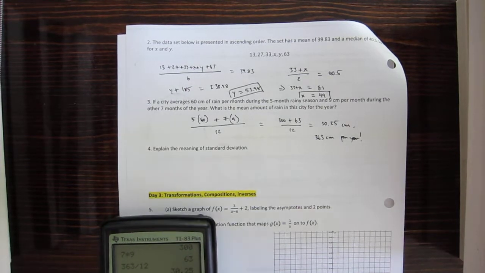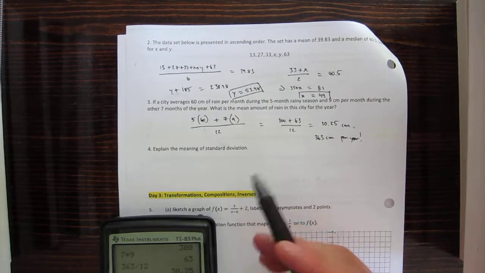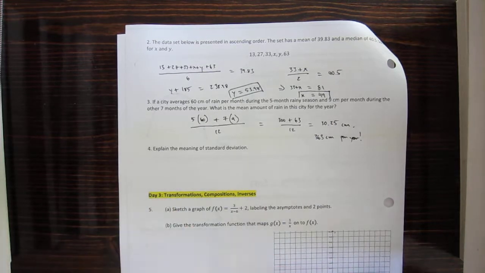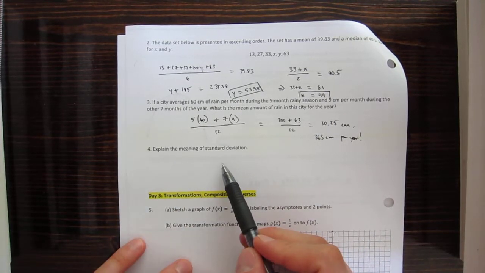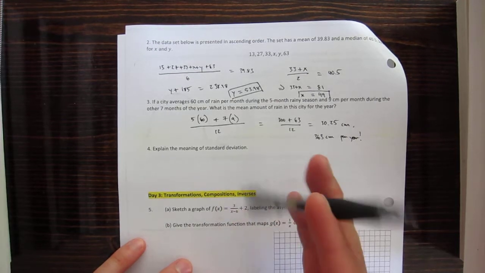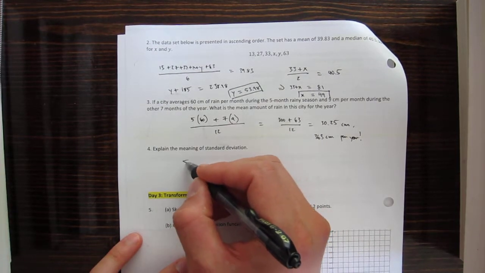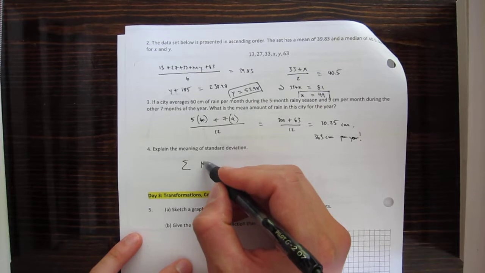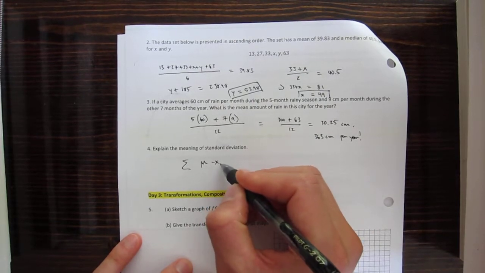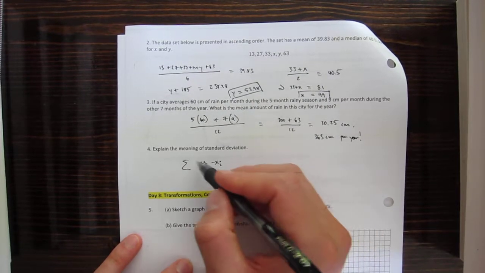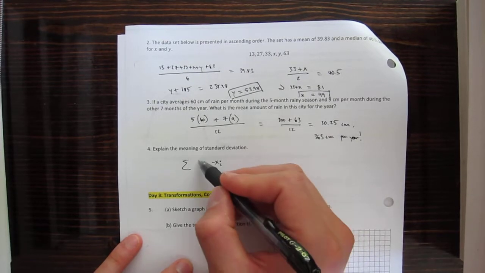Explain the meaning of standard deviation. Well, standard deviation is a measurement of how far points are from the mean. So remember that what you end up doing is you say, you know what, I'm going to take the mean, I'm going to subtract off each one of my x values, my data points.